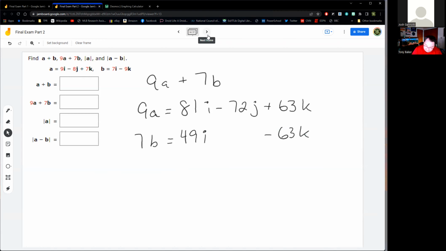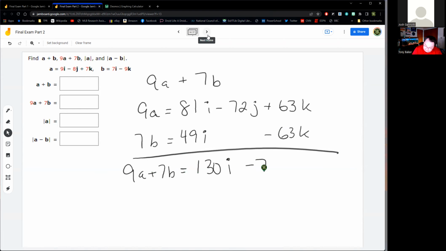Then we just add them together. So 9a plus 7b is 130i minus 72j, and the k's cancel out. So that's my final answer there.